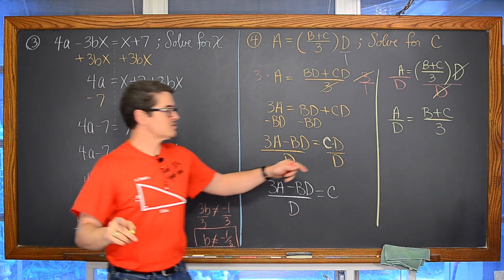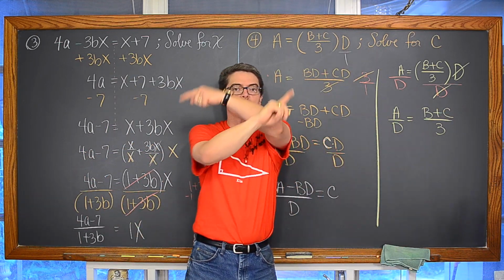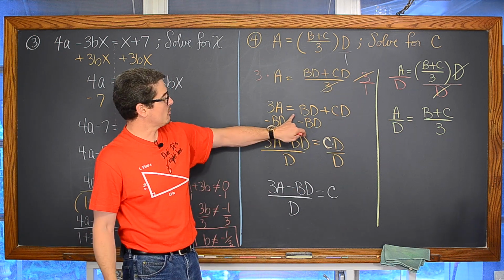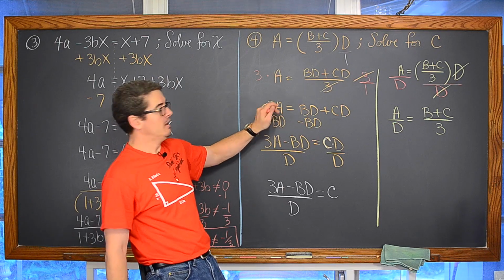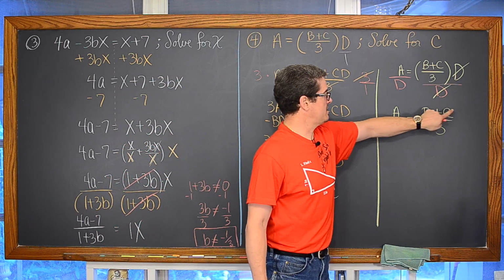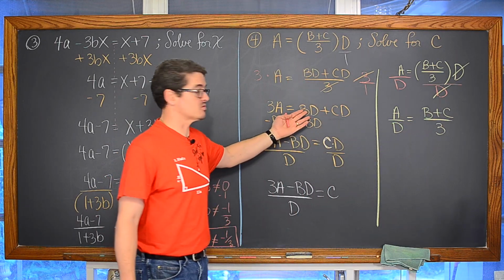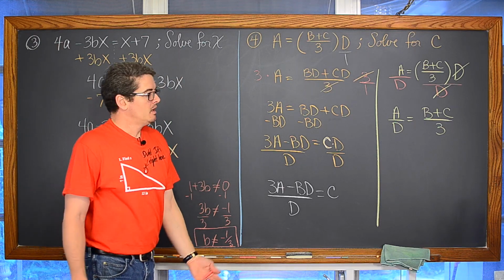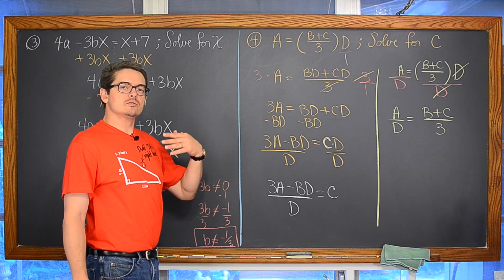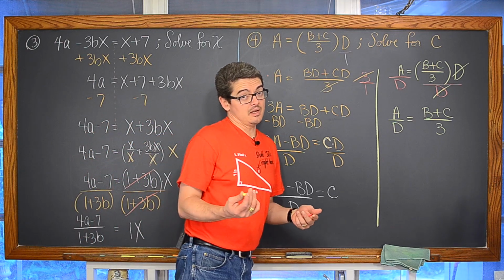And you might go, ooh, that's one fraction equal to one fraction. Let's cross multiply. Well, if I do that, I'm going to get right back to where I started from. If I cross multiply here, I'm going to get 3a, and then I'm going to have to do d times each of the terms in the numerator, and that's going to be the distributive property. And I'll be right over here where I was in orange. But that would create more work that maybe I would like to not necessarily do.